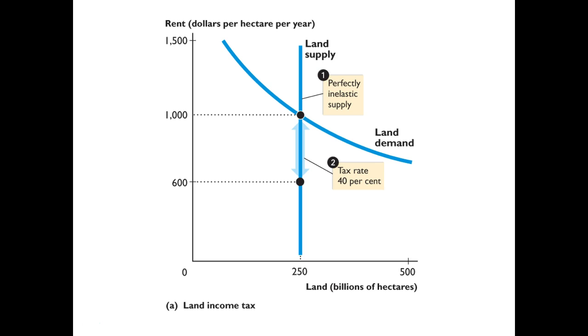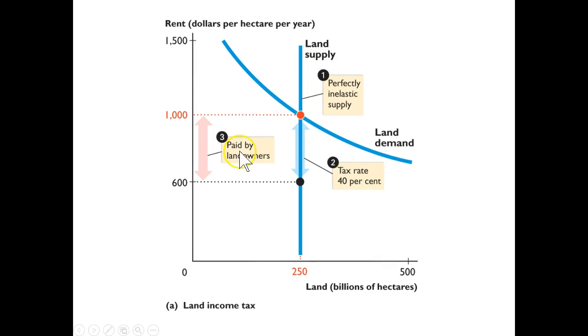Well, even if notionally it shifts the supply curve upwards, it's not really a meaningful thing to say because it's a vertical supply curve. Rather, what we would say is that the price remains at 1,000, but the owners of the land will have to pay from that 1,000 the amount of the tax imposed, leaving them with $600 in, say, rent after that.